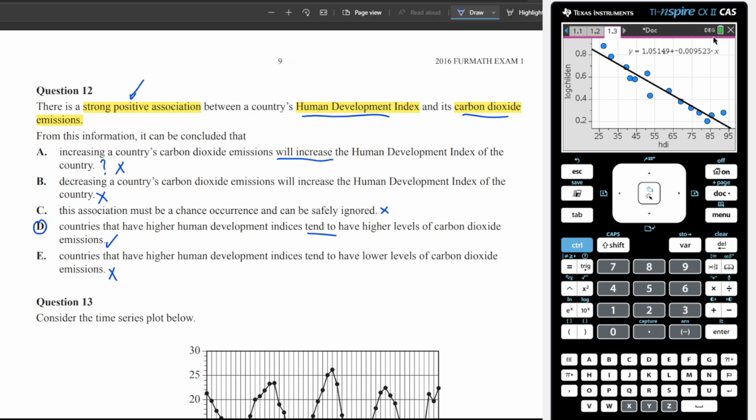Option A is talking about causation, saying if you increase one, you will increase the other. That's not guaranteed because it is not a perfect positive association. It is a strong positive association. The other reason it's not guaranteed is because it depends on which is the explanatory and which is the response. If carbon dioxide emissions is explanatory for HDI, then that makes sense. If it's not the explanatory, then it doesn't make sense. It's the difference between the wording of an association and something tending to increase, as opposed to a definite will always increase.